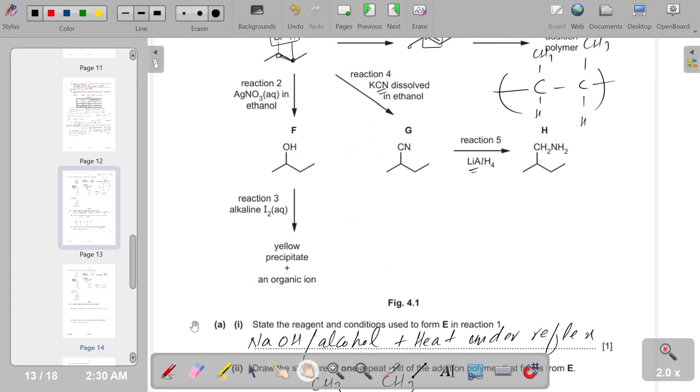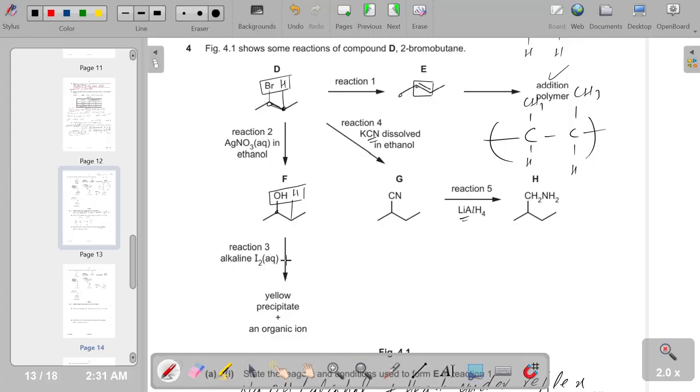Now if you heat this F, the hydrogen from here, this hydrogen and this OH, will combine together, and now you will get this E. You can draw this E here as well. You will develop a double bond here. So it's another type of elimination, like dehydration. Water is eliminating from here.